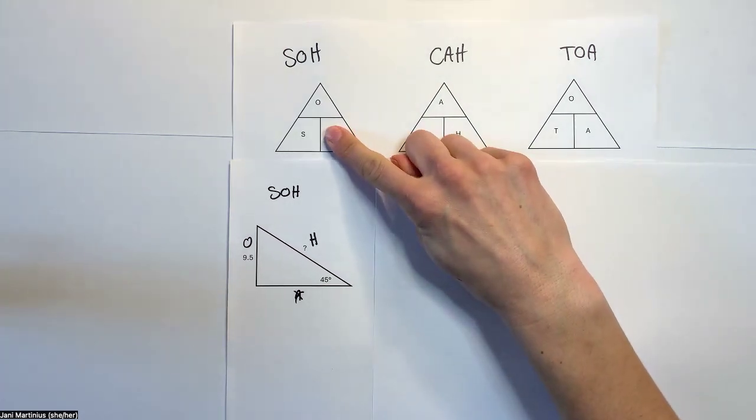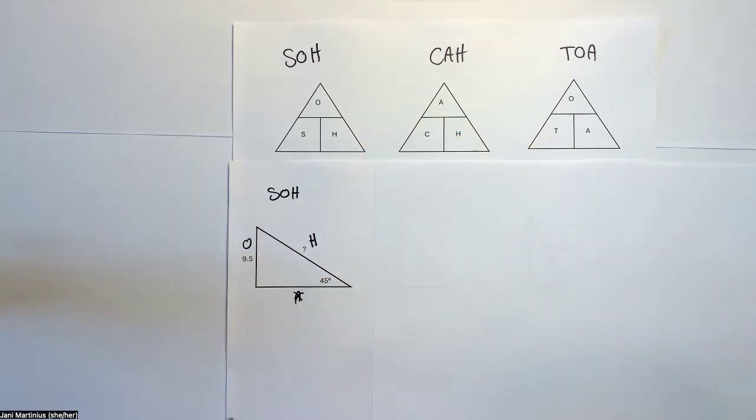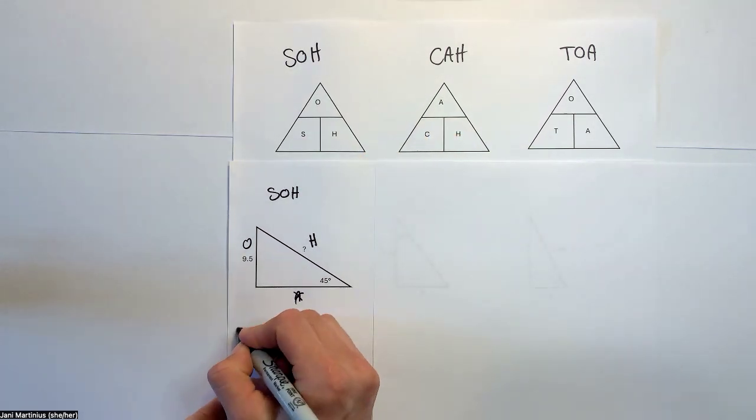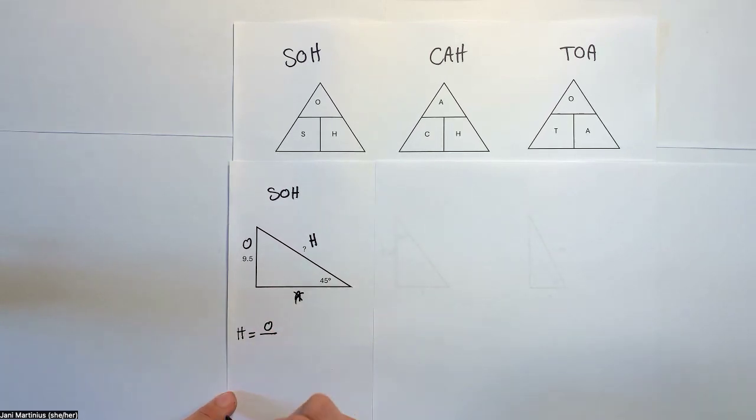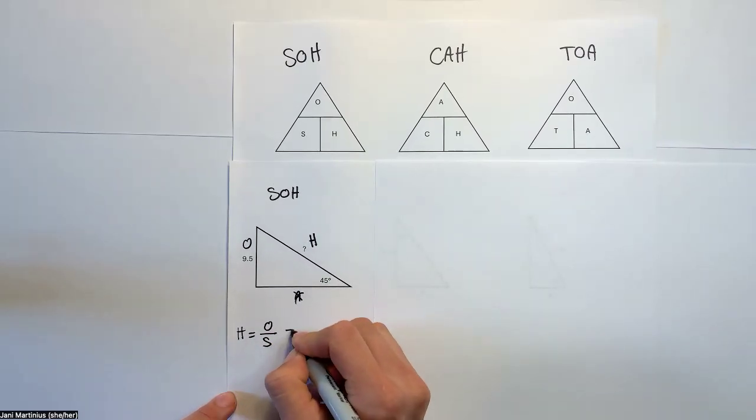So I can blot that out and figure out which one we need to use. So hypotenuse equals opposite over sine angle. So H equals O over S.